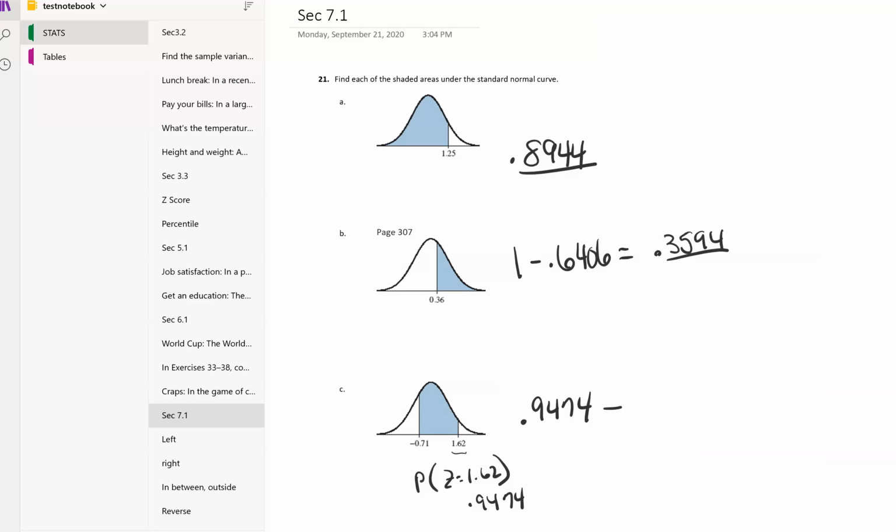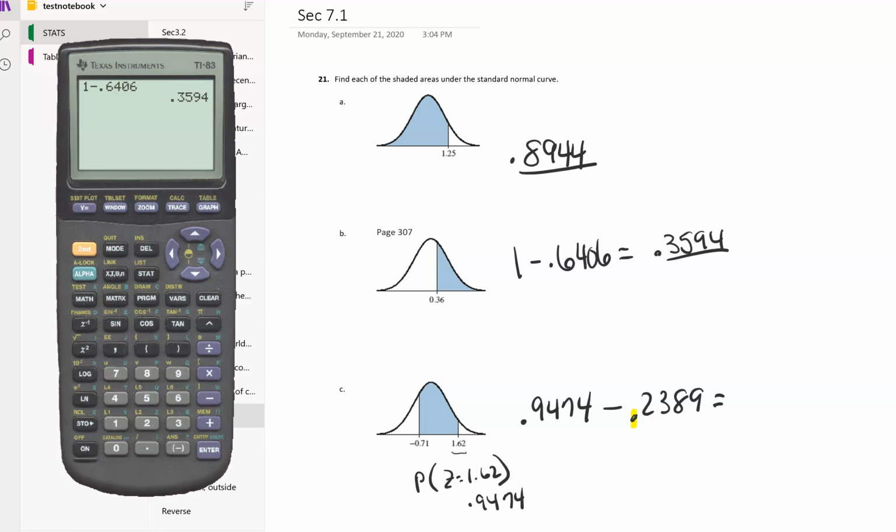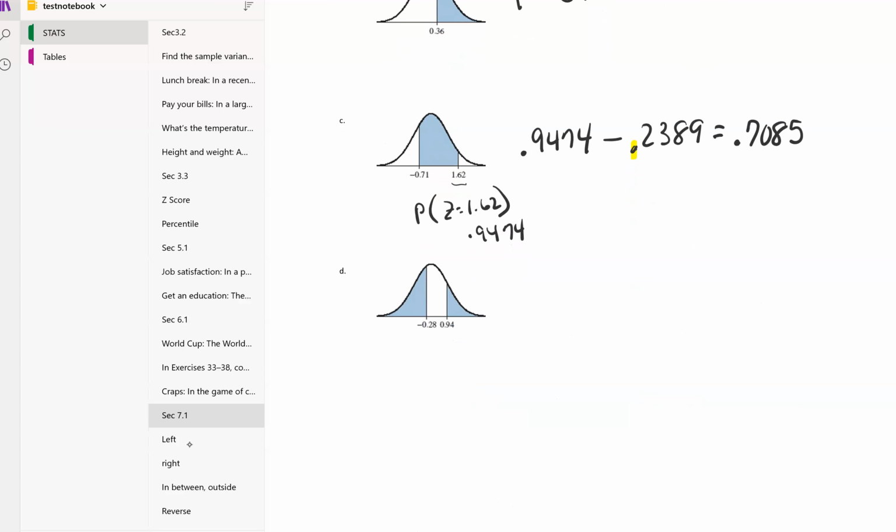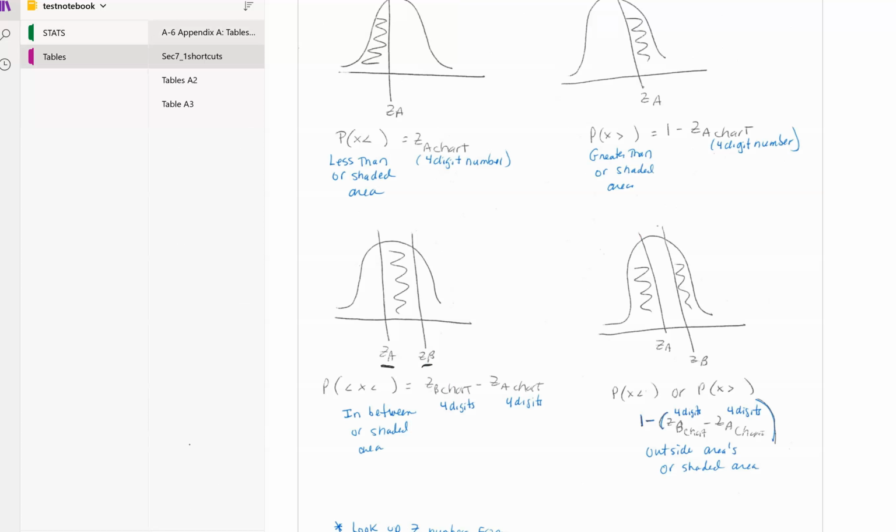So I need to go minus 0.2389. So it's going to be 0.9474 minus 0.2389. So 0.7085. So 0.7085.